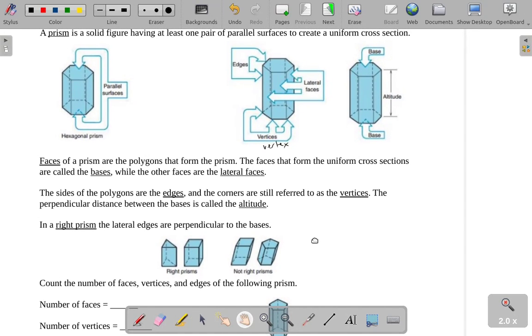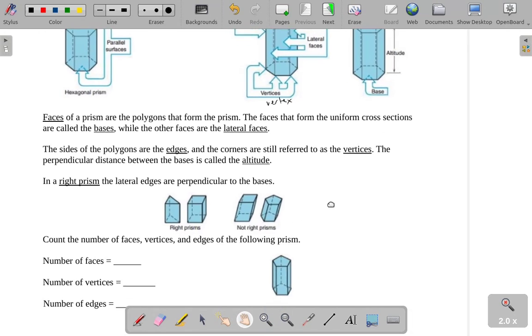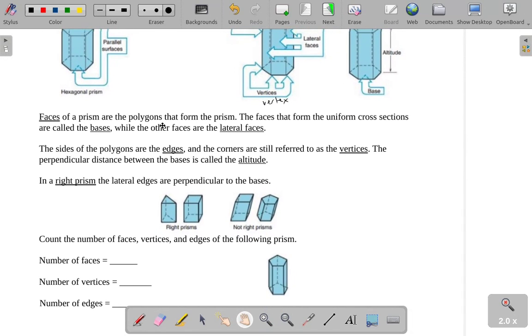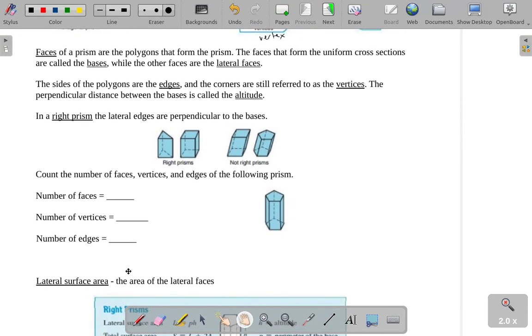We have vertices, edges, faces. We can talk about specific types of faces, like I said, lateral faces or bases. Those are the individual faces. All right, so I guess I already talked about faces here. Sides, edges.